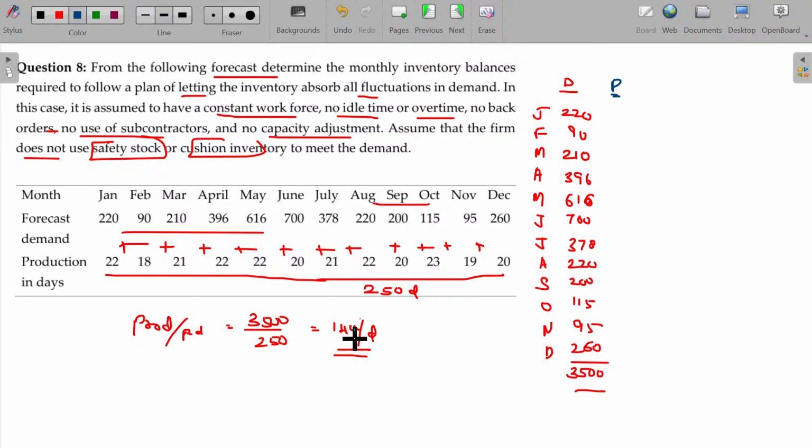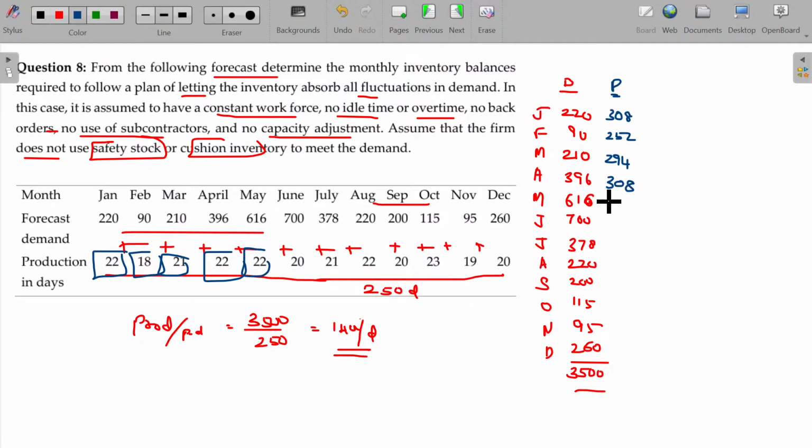14 units you are producing per day for 22 days, 308 units are produced. Then for 18 days, 252 units. Then for 21 days, 294. Then for 22, 308.